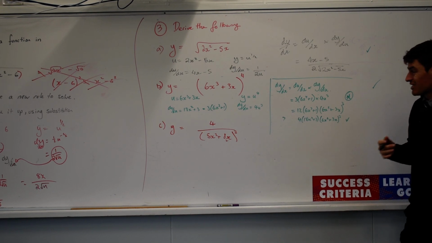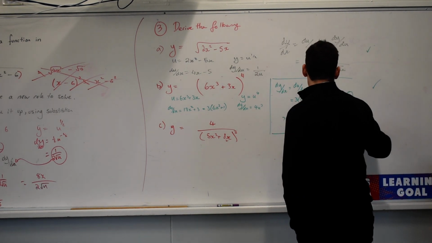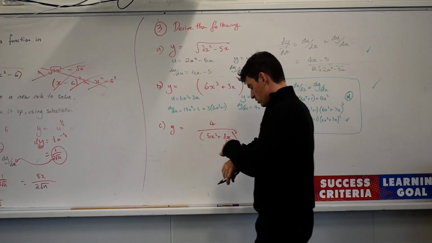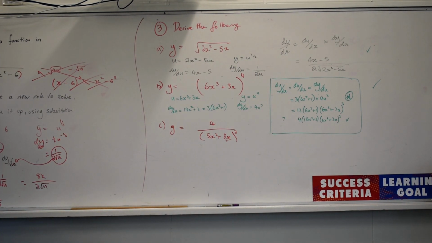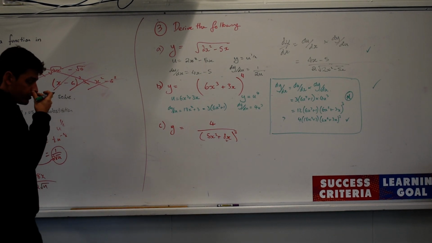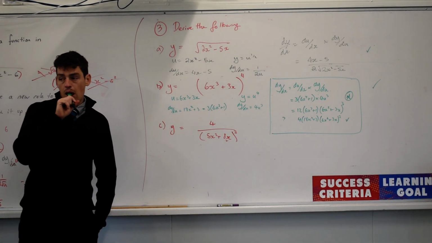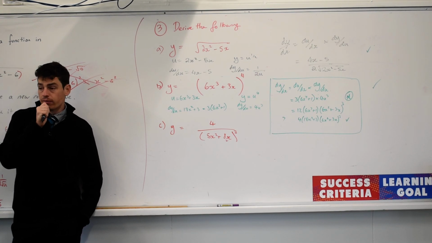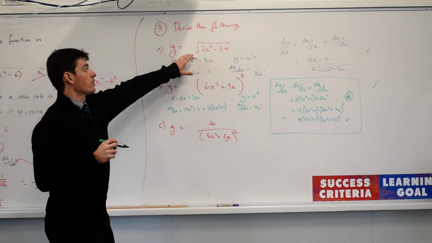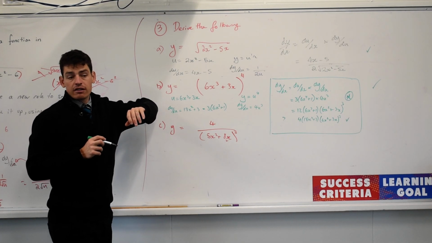Good. Now I'm going to step us through the last little bit here. I was hoping to get to a Quizlet, but I don't know if we're going to get there. For our last question, what's different about it? There's two things, I guess, that are different. It's got a 4 on top. In all of these examples, we haven't got a coefficient, correct?